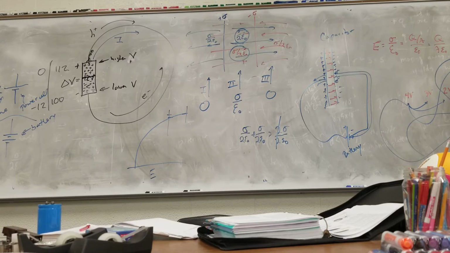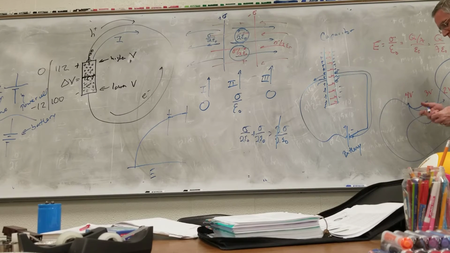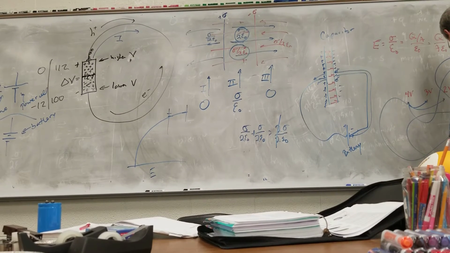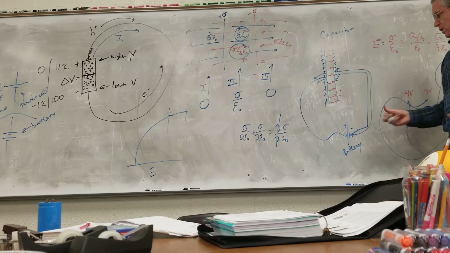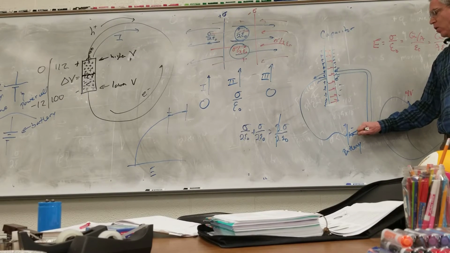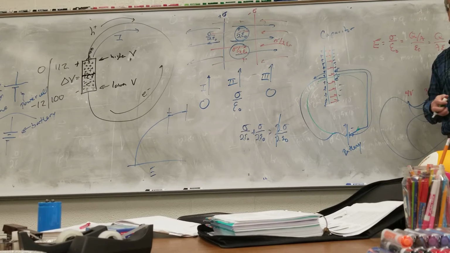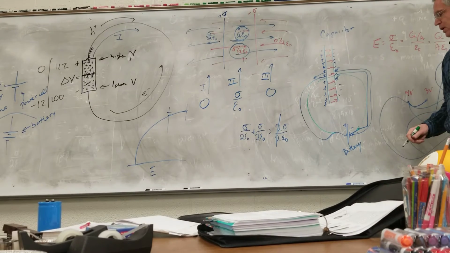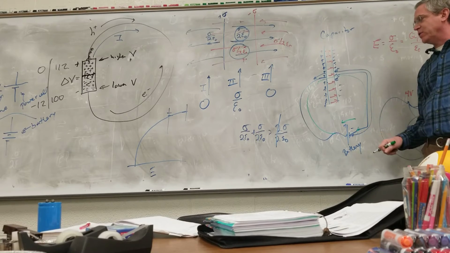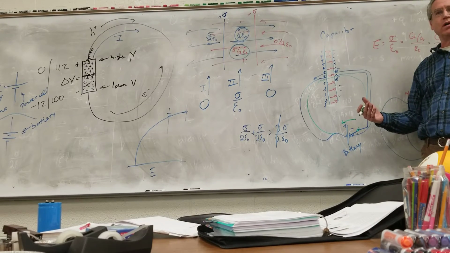No. All right, so if I start here, and I go around and I end up back in the same spot, what's the voltage between this and itself? 0. So whatever voltage I gain going across the battery, I have to lose it somewhere because I have to get back to 0.